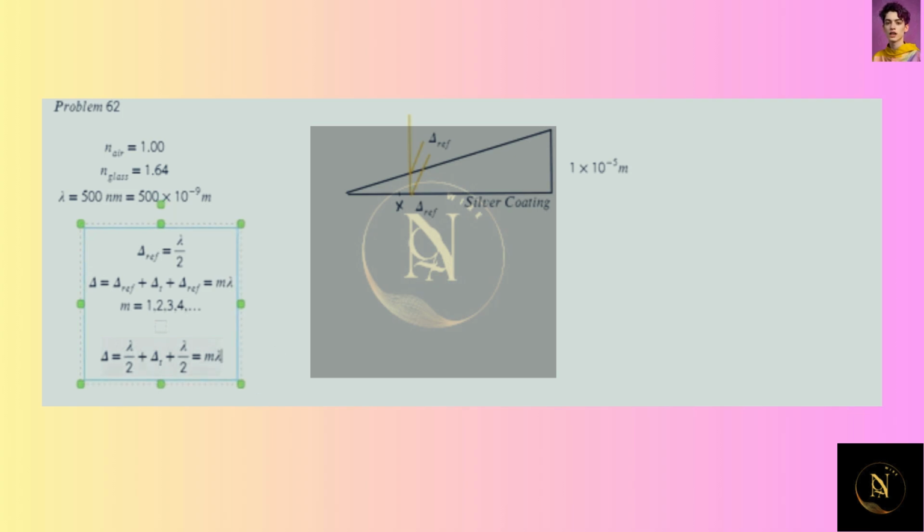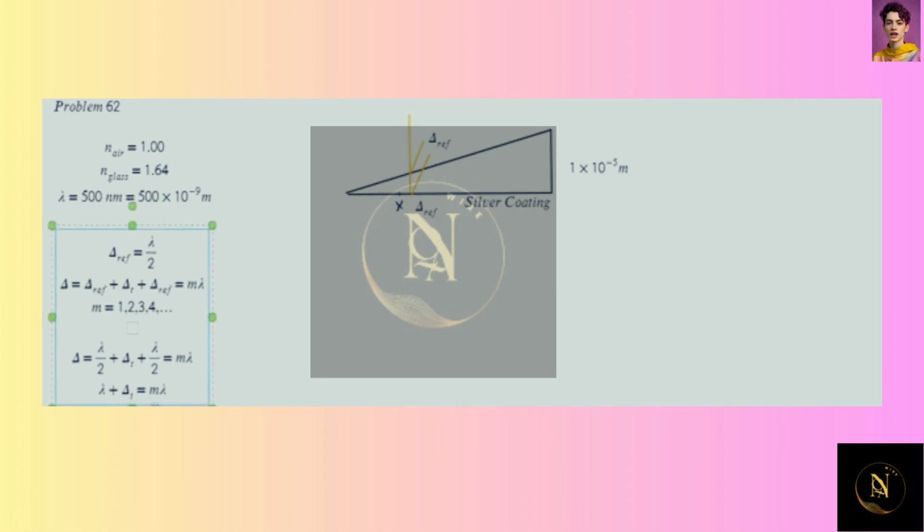Notice that this lambda over 2 and that lambda over 2 combine, so we have lambda plus delta t equal to some integer multiple of lambda. So that tells us that delta t must be equal to some integer multiple of lambda.